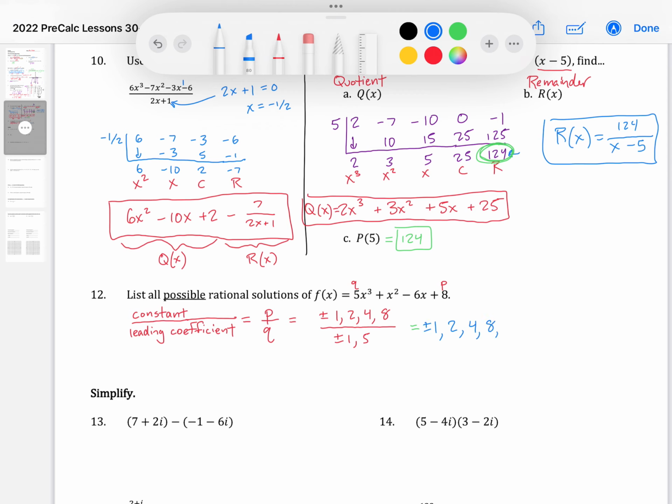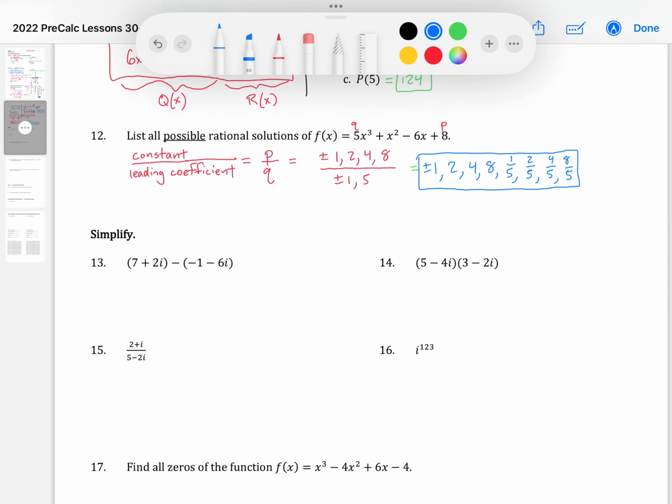Now we divide everything by 5. 1 divided by 5 is 1/5. 2 divided by 5 is 2/5. 4 divided by 5 is 4/5. And 8 divided by 5 is 8/5. So put a plus minus in front so you know it's positive and negative, and those are all your possible rational solutions of f of x.